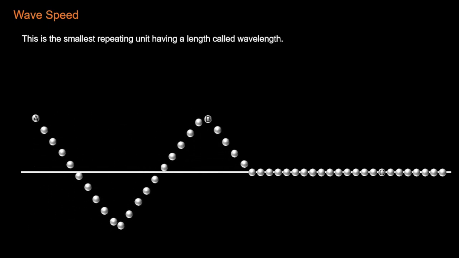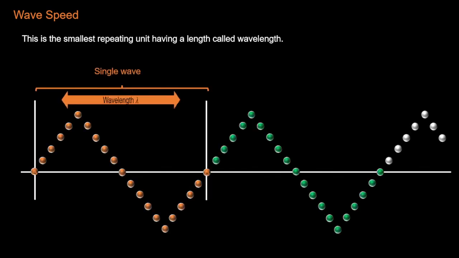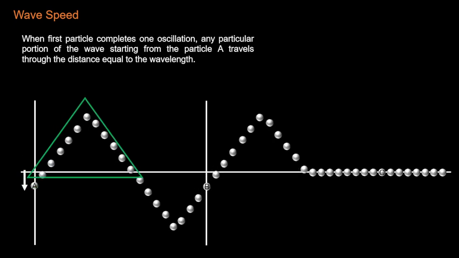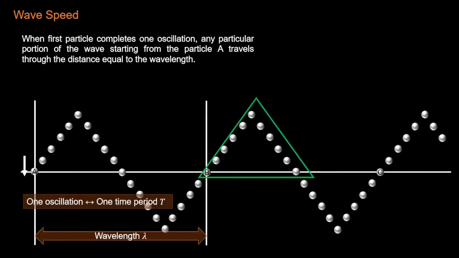This is the smallest repeating unit, having a length called wavelength. When the first particle completes one oscillation, any particular portion of the wave starting from particle A travels through a distance equal to the wavelength.